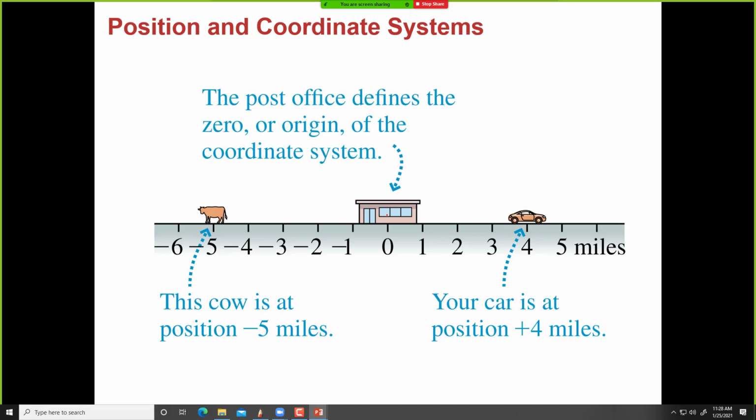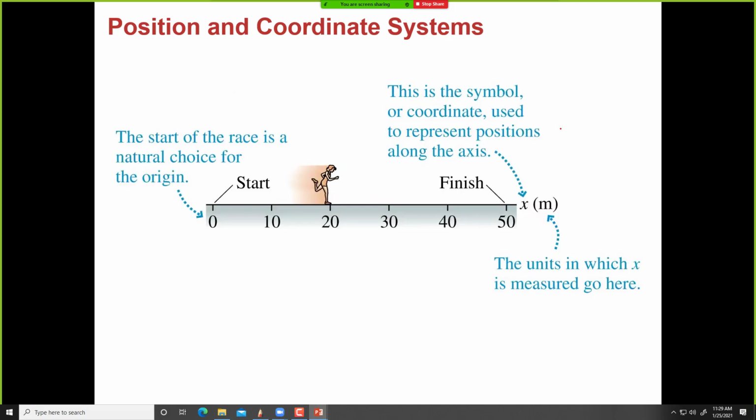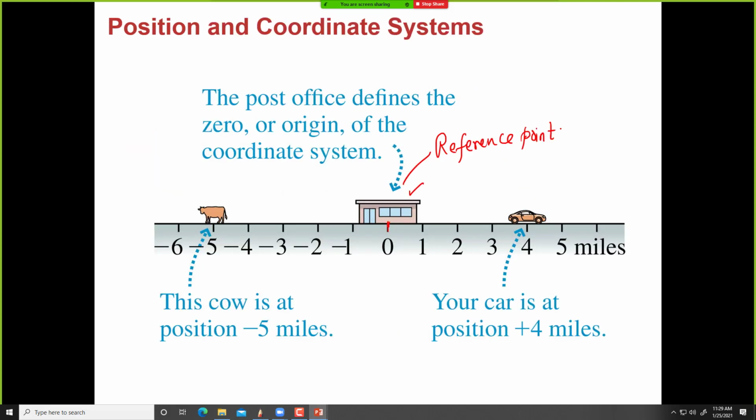So in this case, our reference point is the post office. This is the reference point. Whenever you are talking about the reference point, we denote that by this origin, 0 mark. With respect to the reference point, the car is 4 miles to the east or to the right.